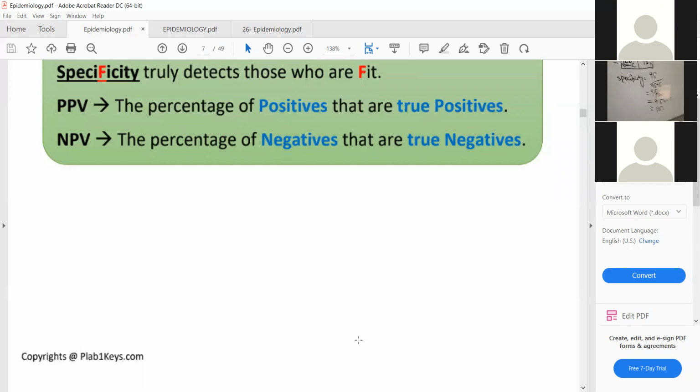Is that right? Yes. In other words, you can say that the test's ability to identify those who are truly fit is 95%. 95% of the time, it will detect the truly fit patient. Right.